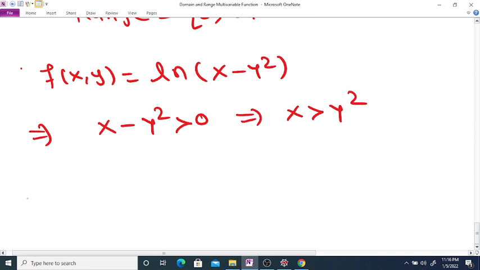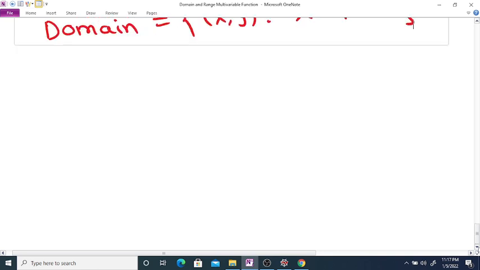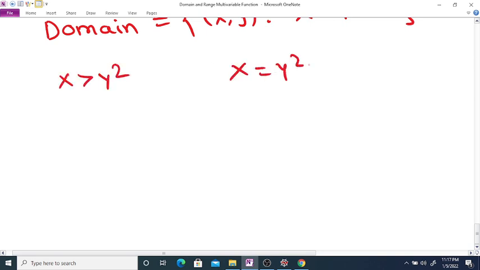So the domain of the given function is the collection of all (x, y) such that x minus y square is greater than 0, that is, x is greater than y square. If we convert this inequality into equality, we get x is equal to y square.